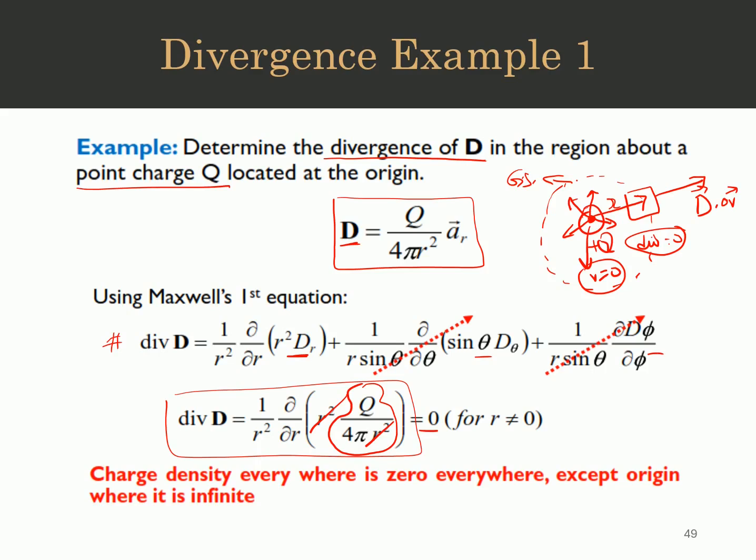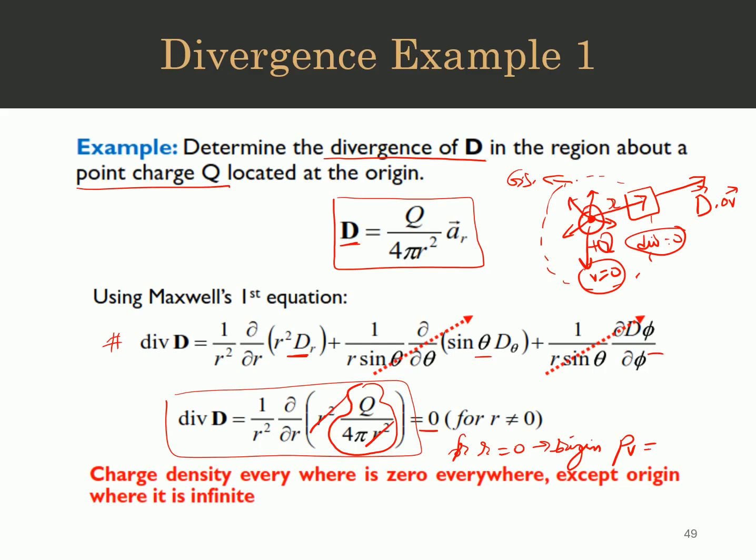Similarly, if we complete this equation and say that the divergence is equal to 0 when the value of R is not equal to 0, but when R is equal to 0, which means we are at the origin, then what is going to be the value of volume charge density?